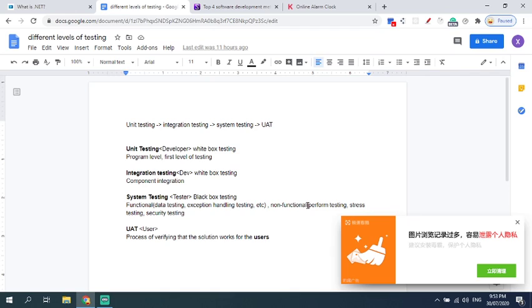So these are four popular testing levels that, especially when we are doing the waterfall development methodology, or even when we are doing agile development methodology, we will be using, and we will be going through all those levels.